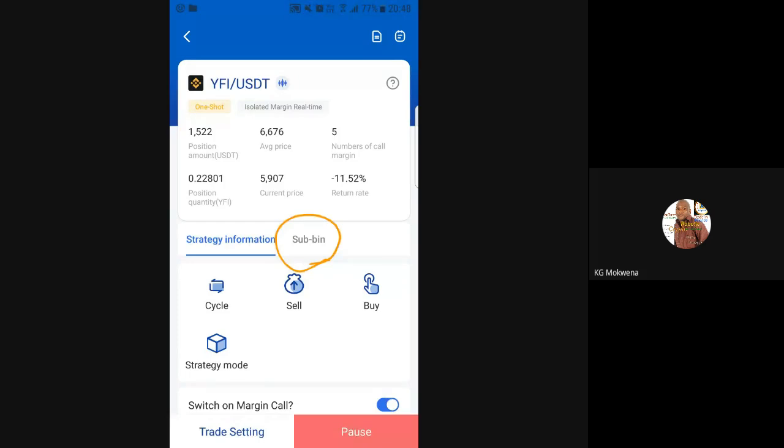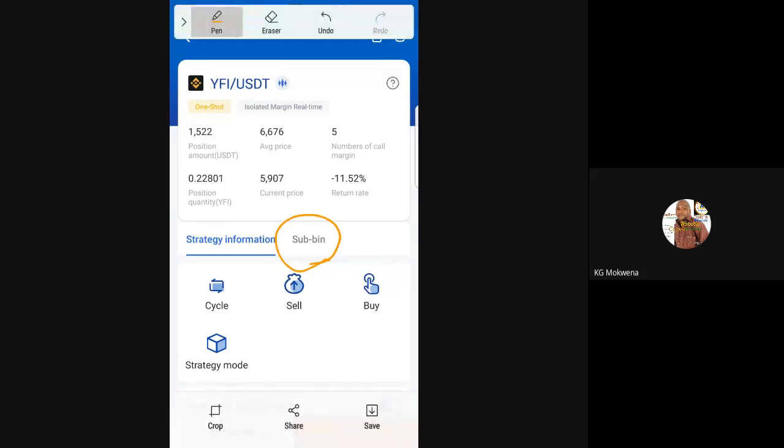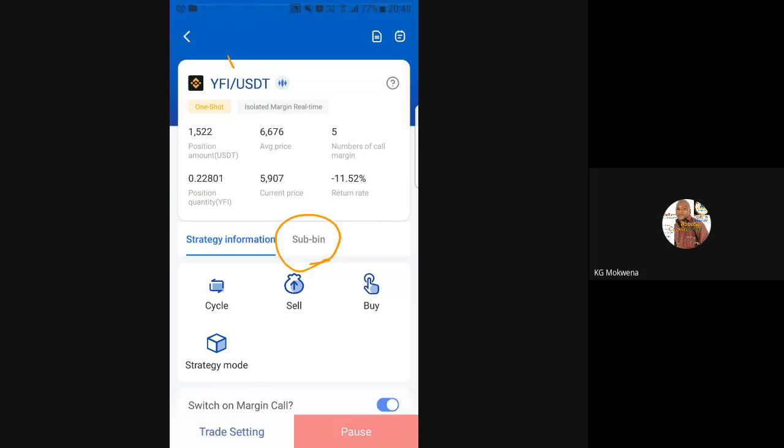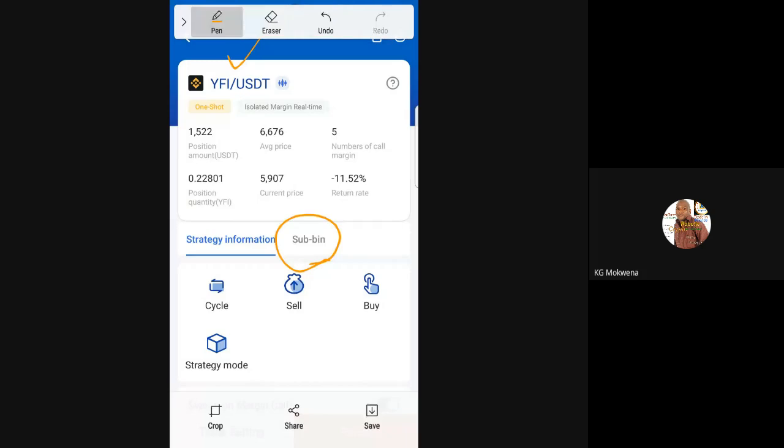But now, with that being highlighted, it's important to understand that in the pair or the currency that you are trading, you will see at the upper part of the transaction page that you have average price.